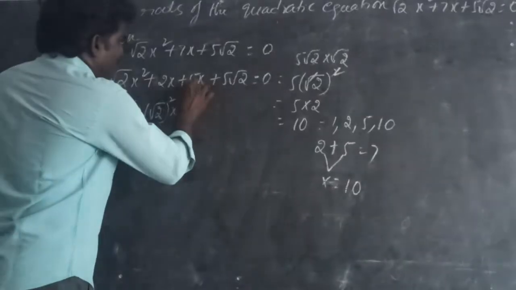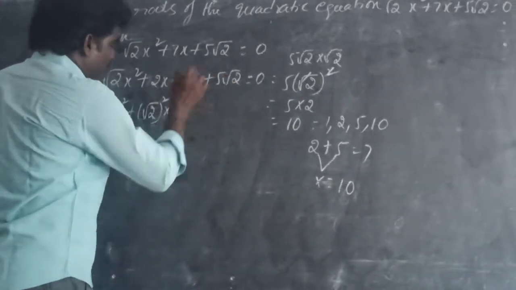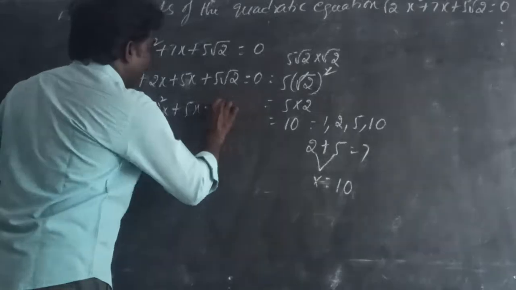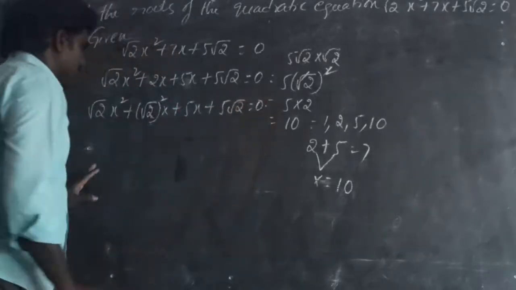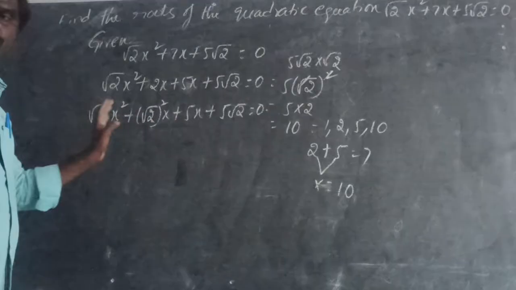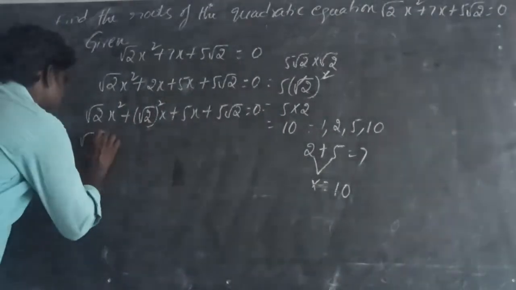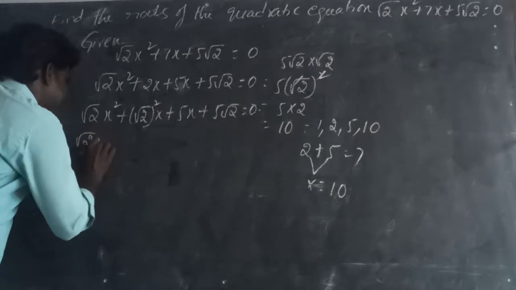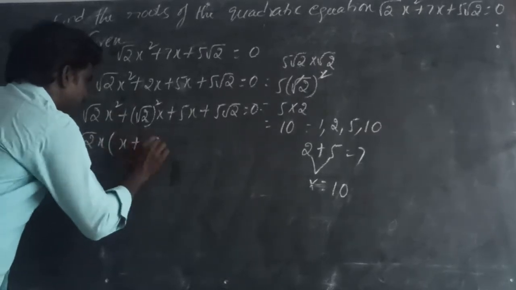Here 5x is 5x and 5 root 2, so 5x plus 5 root 2 is equal to 0. Root 2 whole square means root 2 into root 2. In these two terms, what is common? Root 2x. Taking it outside, what remains is x plus root 2.